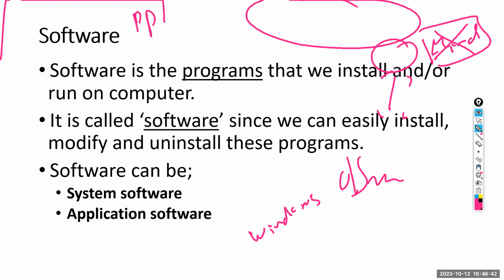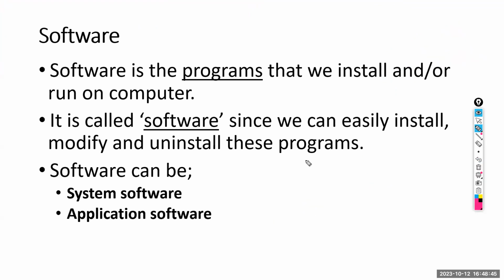Okay, right. So we can subdivide software into two categories. What are those two categories? System software and application software. Let's look at the difference. This is just for our convenience of understanding. We just divide it, but technically software is software.